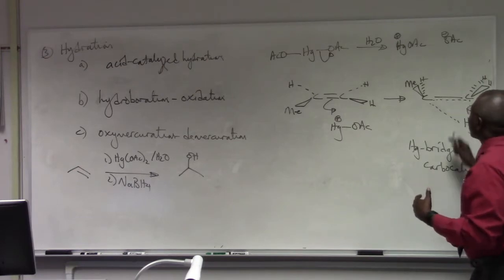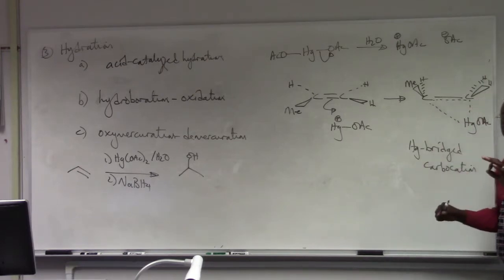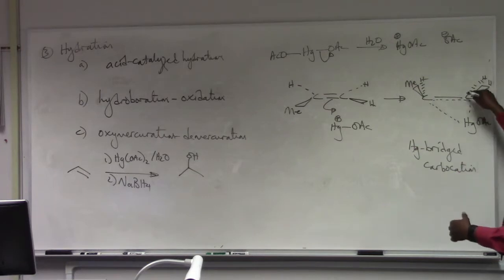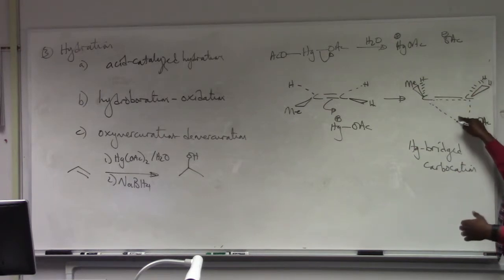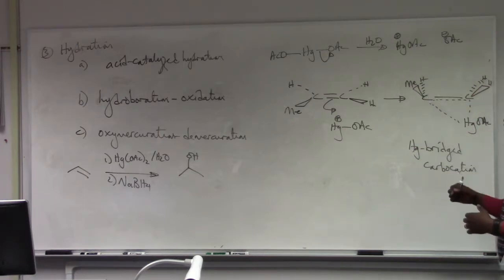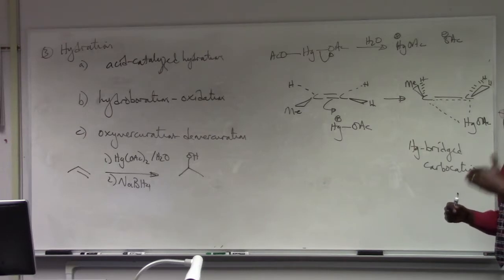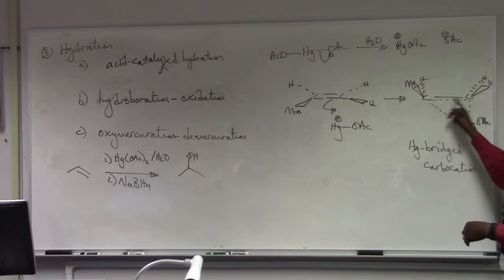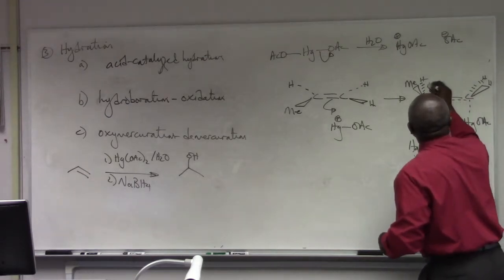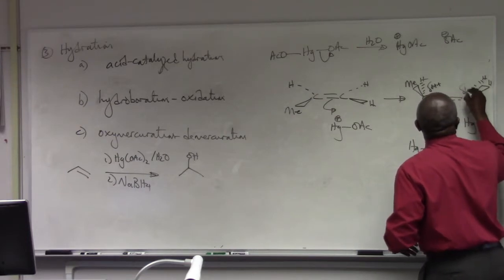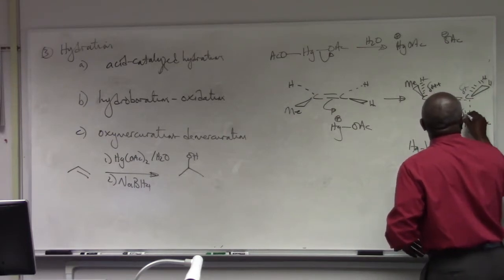But the other reason is, in the mercury-bridged carbocation, the positive charge is delocalized over both carbons and the mercury. So I want to put more of the positive charge on the atoms that can better support it. Out of these two atoms, the secondary carbon can support more of the charge than the primary carbon.